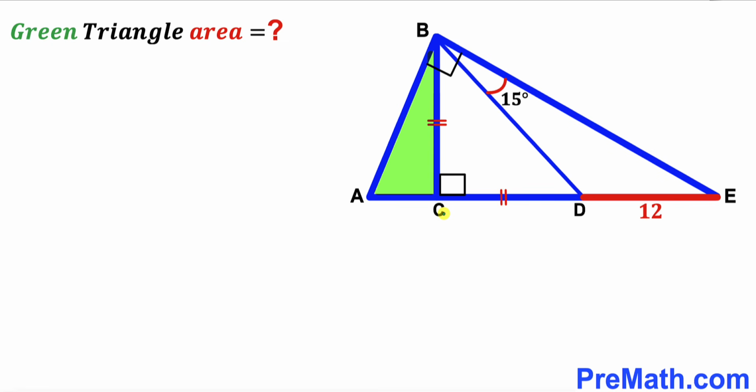Moreover, this segment CD length equals this segment BC. Our task is to calculate the area of this green shaded triangle BCA.